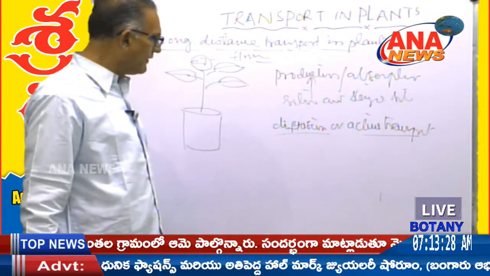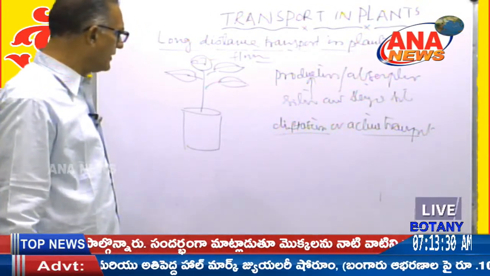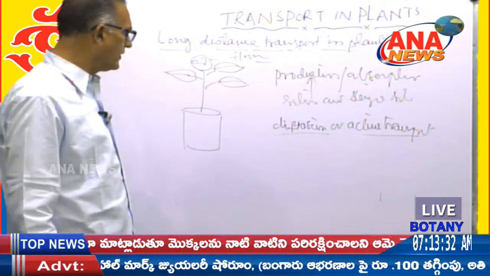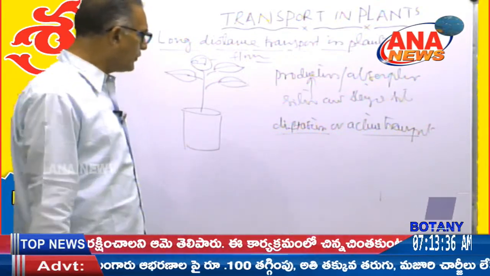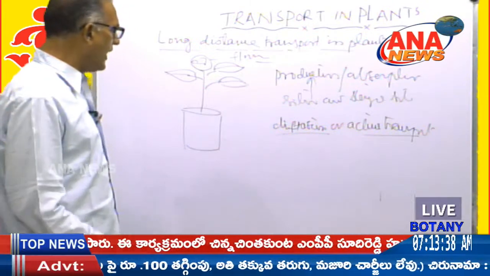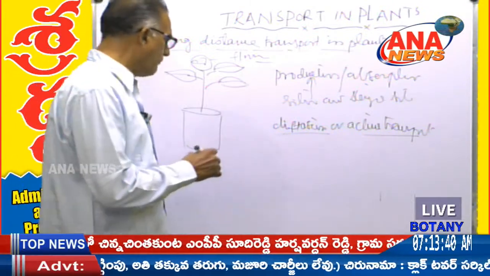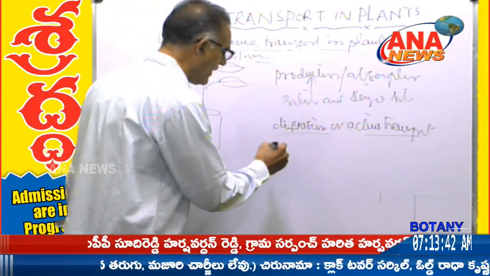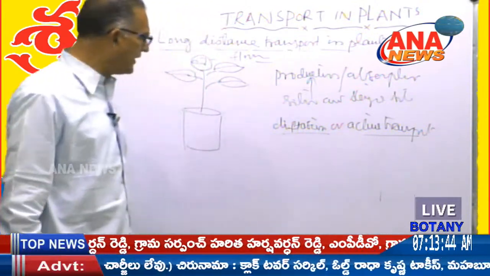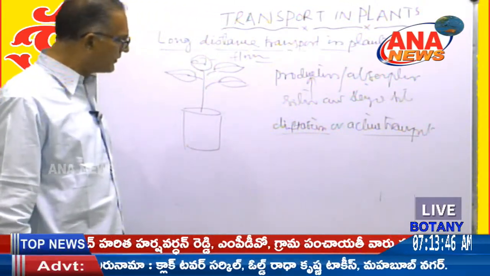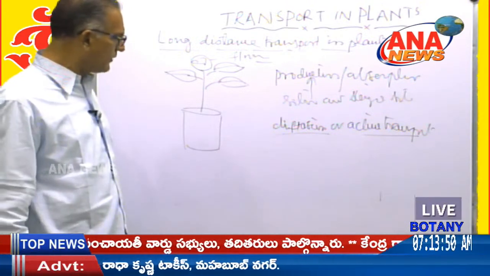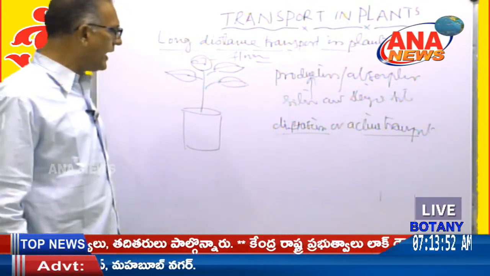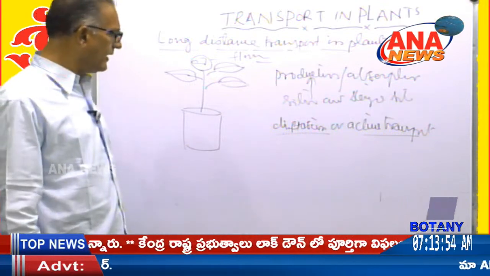Hence, there is a need of a new system to transport the substances over long distance as bulk and at a much higher rate. There is a need of a new system to transport the substances as bulk and at high rate.